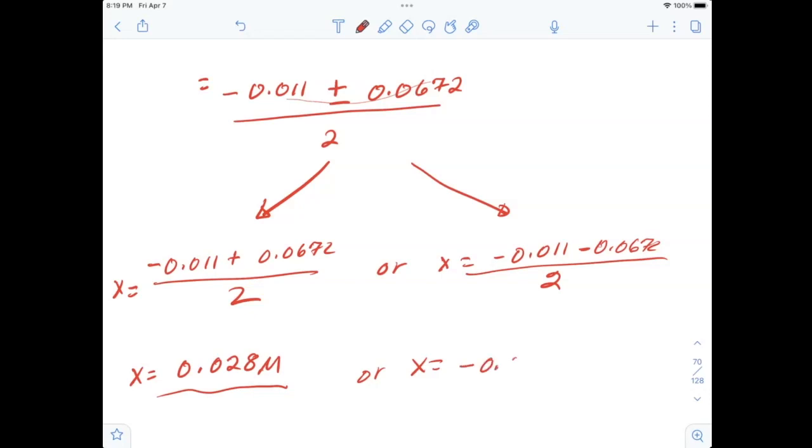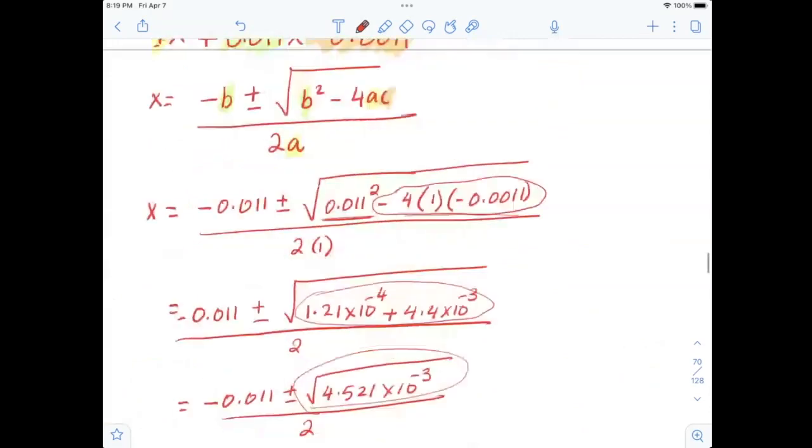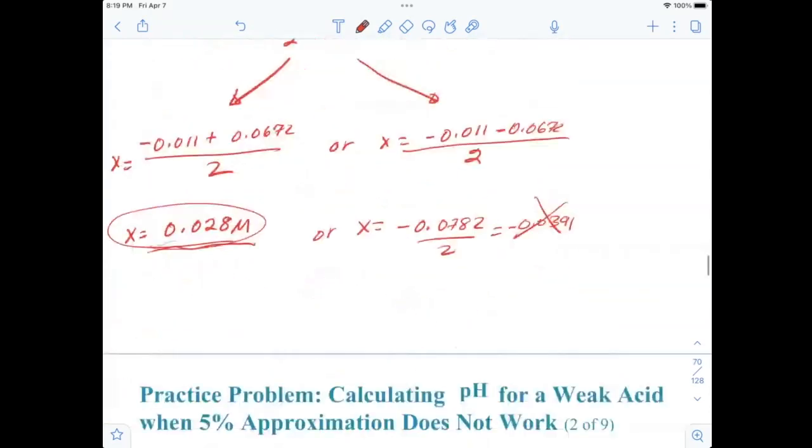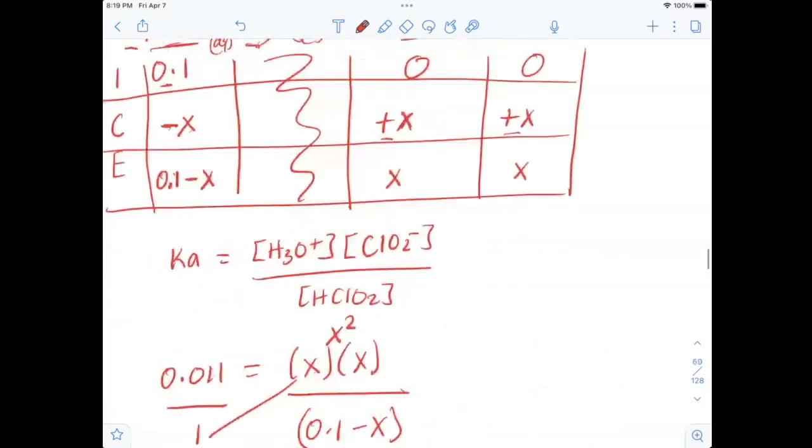You cannot have a negative concentration. Divide by 2. Negative 0.0391. So this is impossible. So the answer has to be this for x, right? What was it again? I already forgot. 0.028.